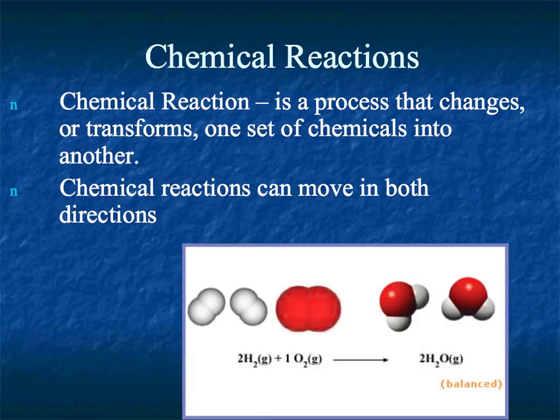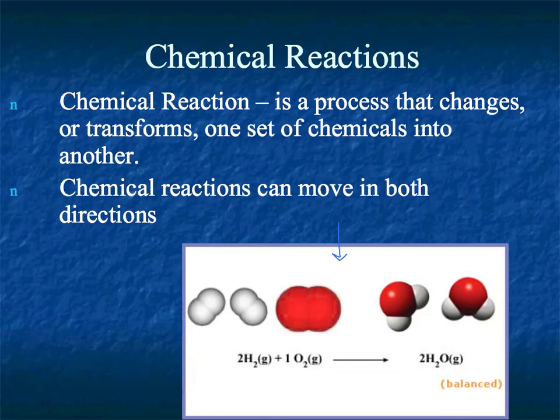Chemical reactions. A chemical reaction is a process that changes or transforms one set of chemicals into another. Chemical reactions can move in both directions, and this is a chemical reaction below. So we're looking at the reaction for the production of water.